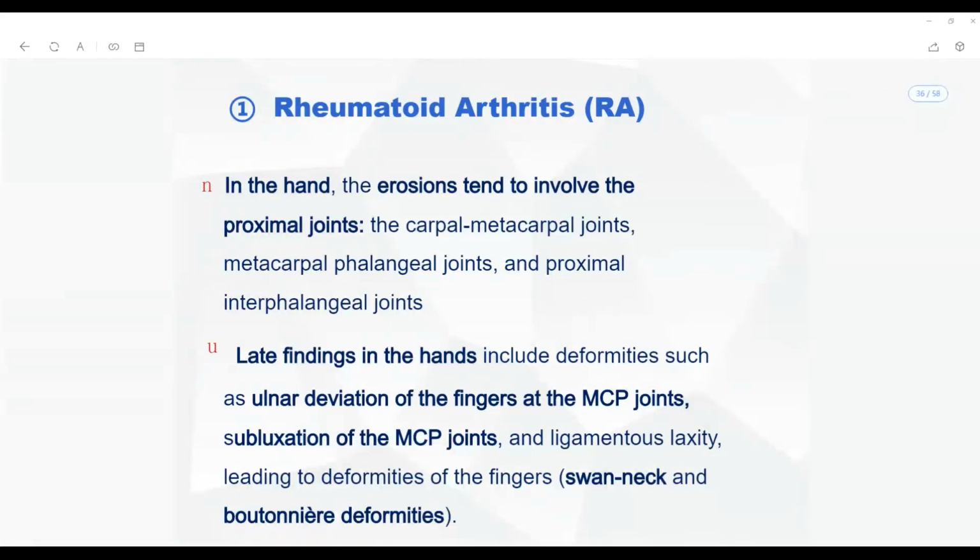First thing, remember, in swan neck deformity there will be flexion of the DIP, the distal interphalangeal joint, and hyperextension of the PIP. This one is swan neck.